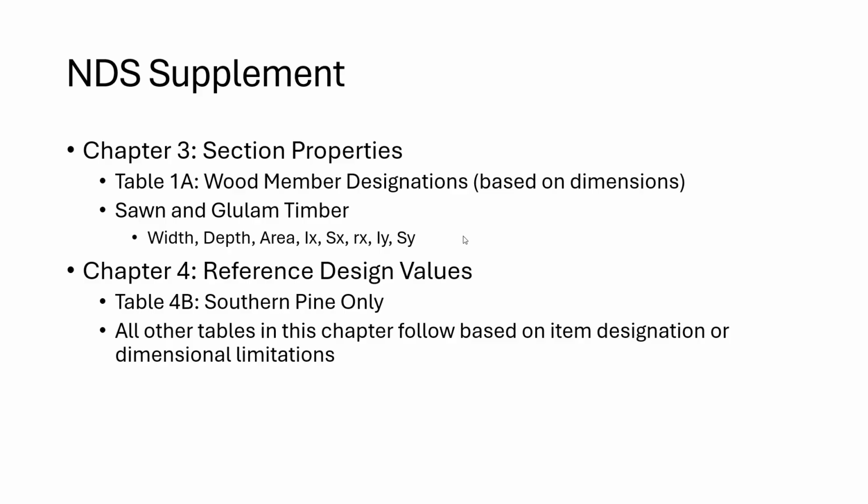But if it expressly calls out a southern pine 2x8, you cannot use table 4A or any other table. For 2x8, for example, you're going to use table 4B. You're not going to use table 4A. So 4A is every species except for southern pine.